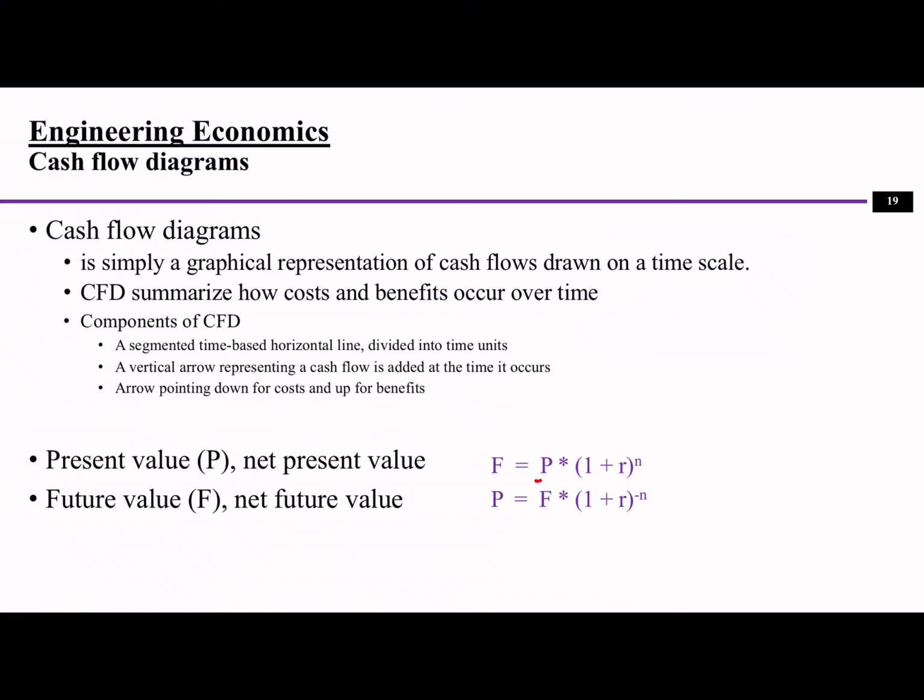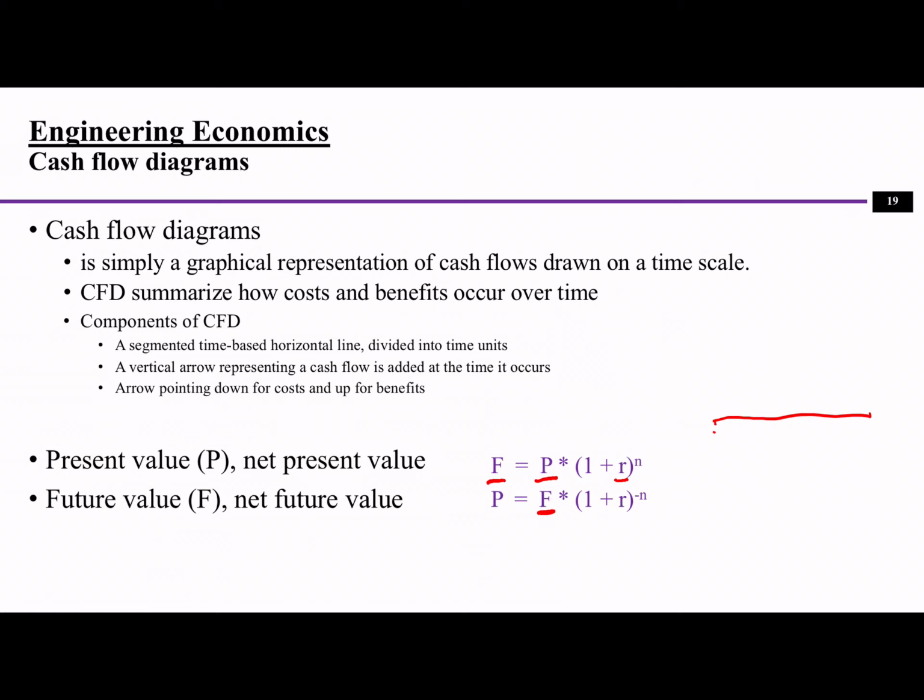Two concepts, present value and future value. We already talked about that, but how do we calculate the future value and present value? For example, if I have a principal or present value P, and we want to find the future value F, given the interest rate, we can use this equation: F equals P times 1 plus r, the interest rate, to the power of n, how many periods, okay?